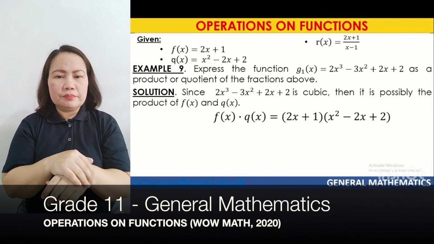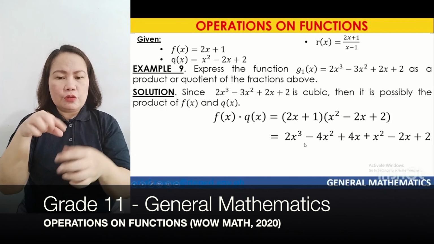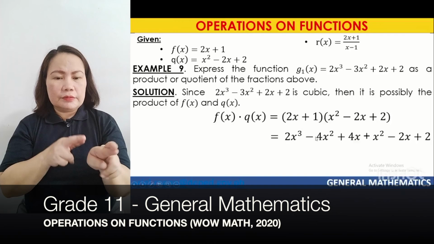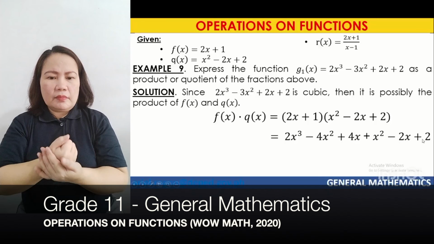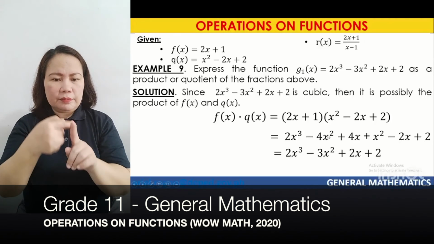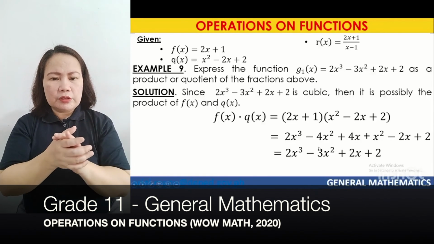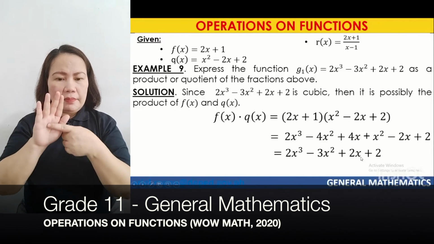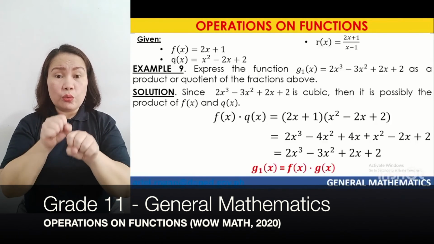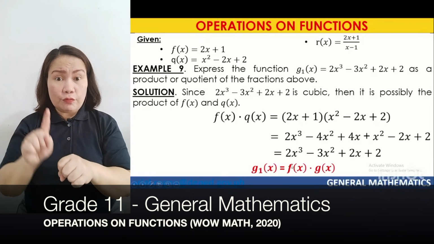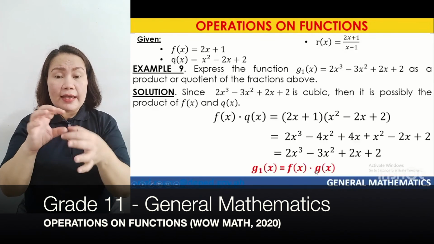So, if we multiply f of x times q of x, the result will be 2x cubed minus 4x squared plus 4x plus x squared minus 2x plus 2. And then combine similar terms, copy 2x cubed. Negative 4x squared plus x squared is negative 3x squared. 4x minus 2x is positive 2x plus 2. So therefore, g1 of x is the product of f of x and q of x. Okay?